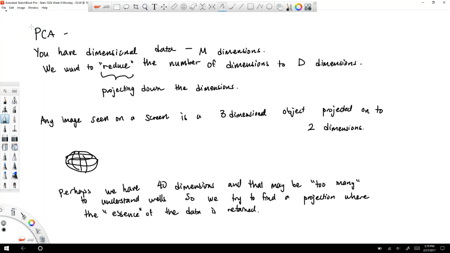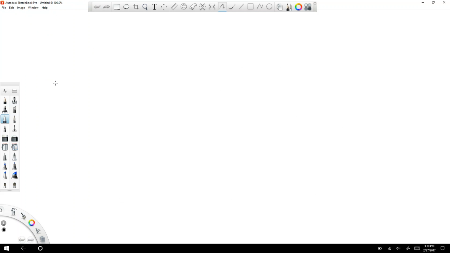Okay, forgive this example, but I'll give you a political example. Perhaps we ask a bunch of people policy-based questions.